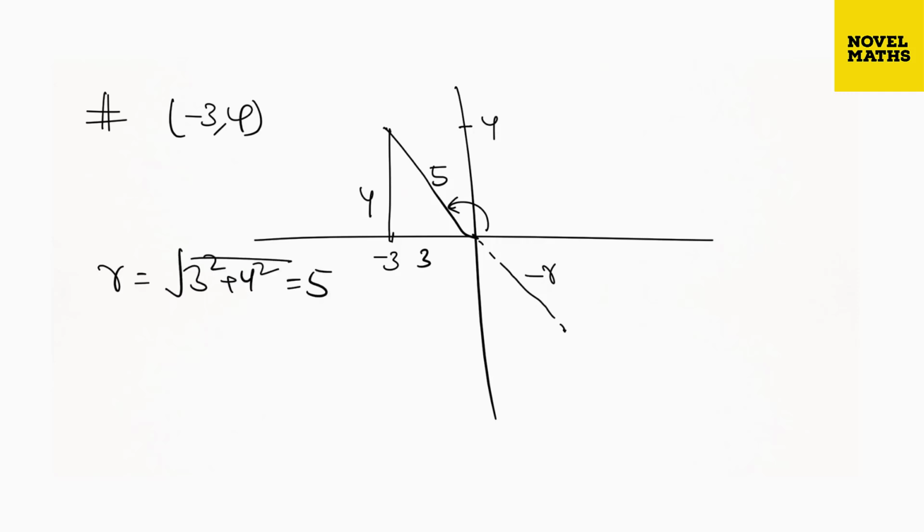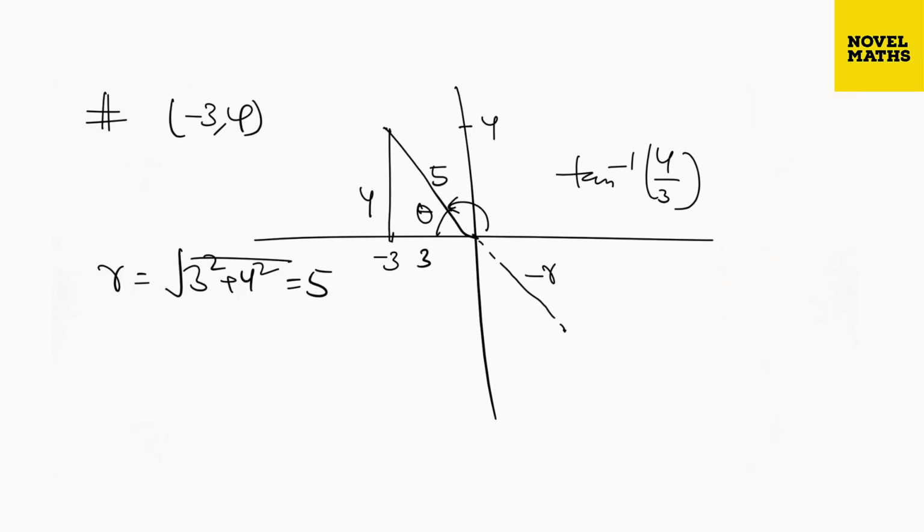And the angle is what? The angle we don't know, right? Suppose this is theta, so the angle is tan inverse of 4 over 3. But this is not the right answer because you have to add or subtract here, right?